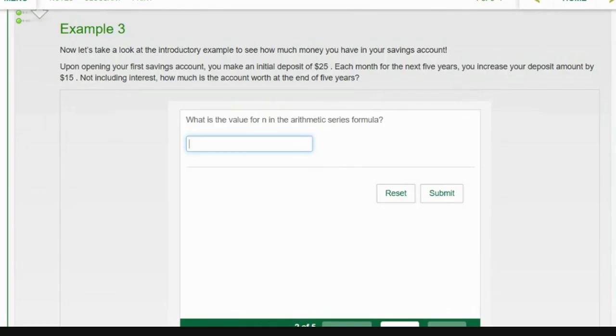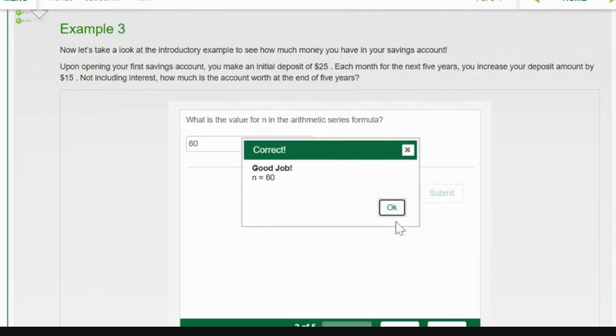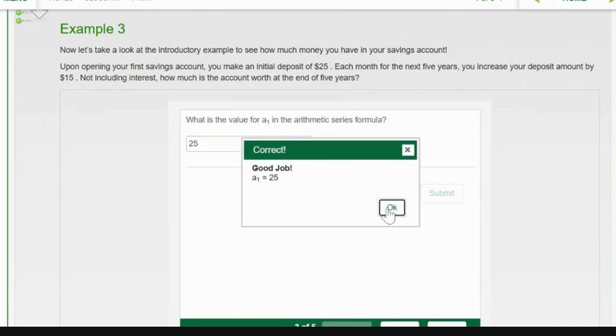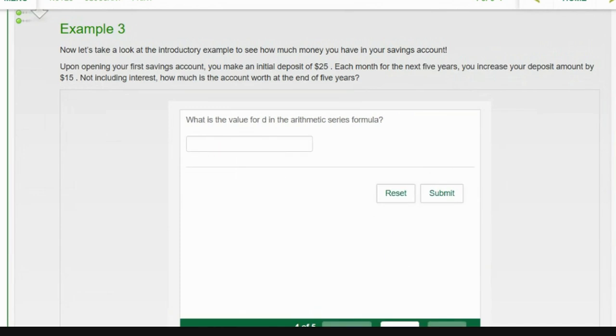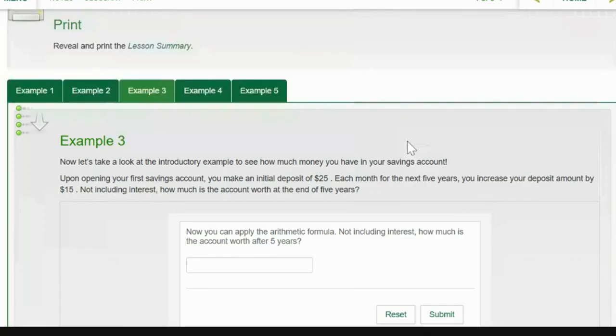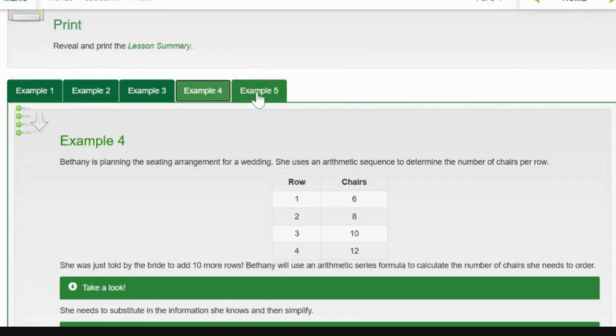Well, n would be each month for the next 5 years, so that would be 60, because we make 60 deposits in 5 years. What's a sub 1? Well, that's the very first deposit. Then it says, what's d? Well, every time we're adding $15 to our deposit. And it says, not including interest, how much is it worth after 5 years? Well, we could do the math. I'm not going to get the calculator on that, but we just walk through it one by one.